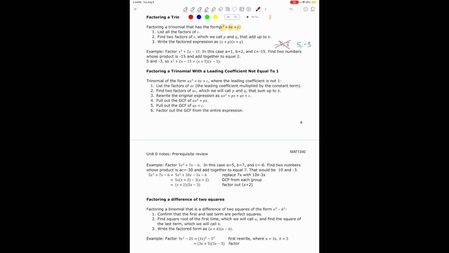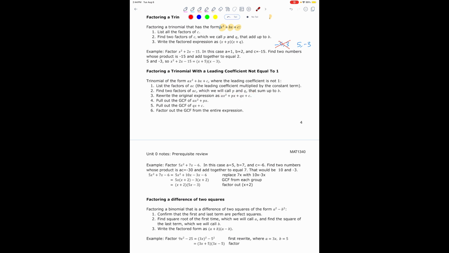And then we're going to rewrite the original expression as ax squared, which doesn't change. We're going to split the middle term b into px plus qx, which are the two numbers we found that add up to b. Then we're going to group the first two together, the second two together.